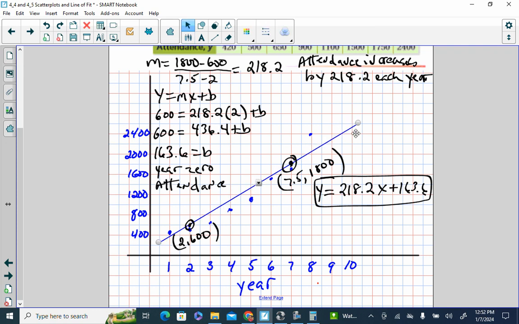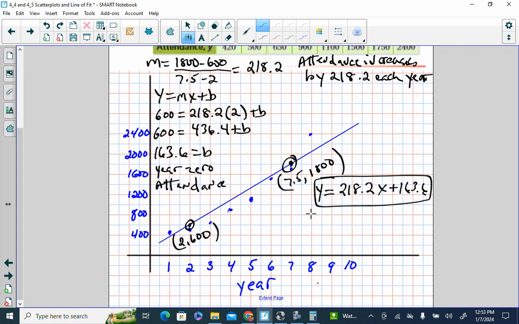If I use my graph, year 10 looks like it's going to be about 2,400, maybe 2,500-ish. Let's see what my equation says.